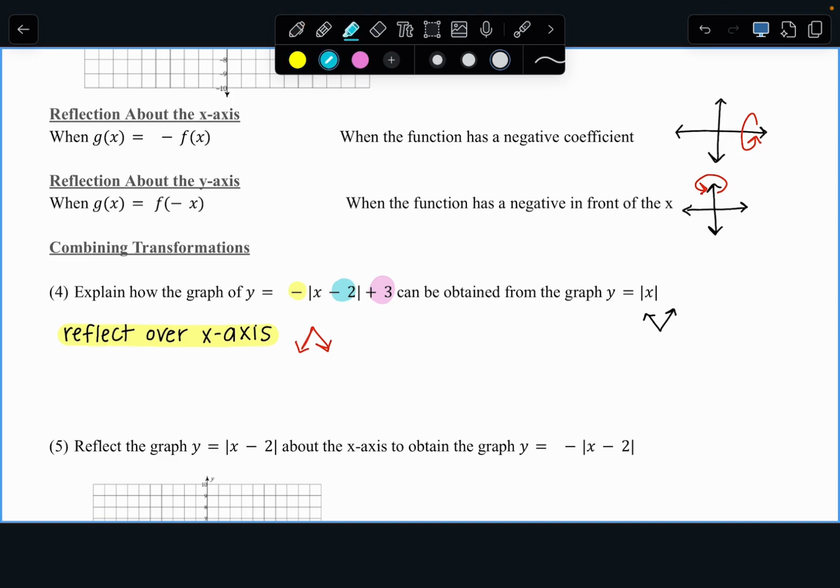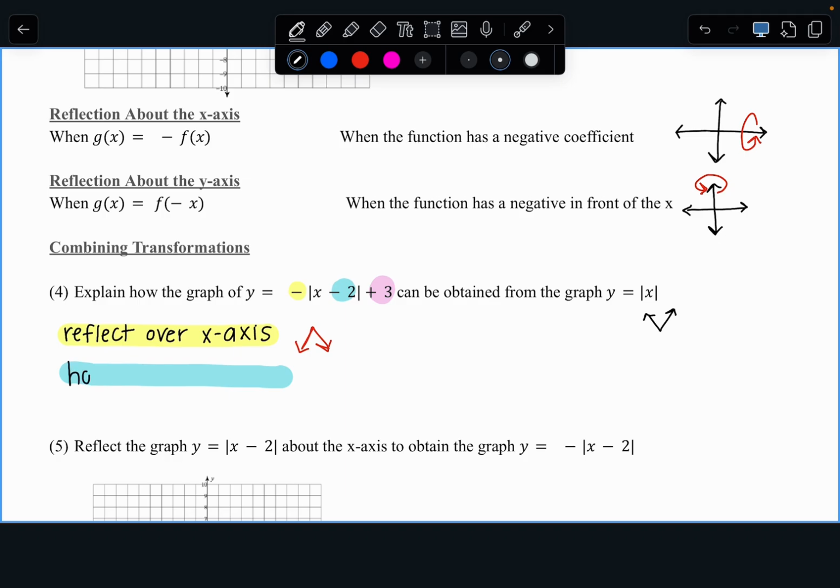The -2 is inside those parentheses. So what does that do? When it's inside the absolute value or parentheses, this actually changes your x value.